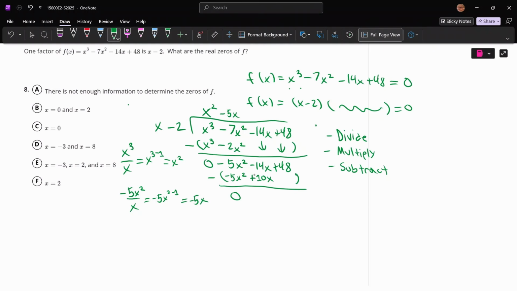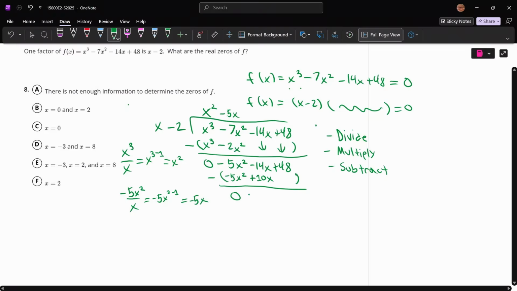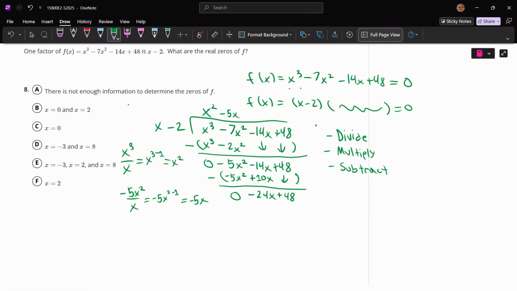And then this is going to turn into a negative. And then the sign will flip. So yeah, 10x, so you end up with negative 24x. Then moving down the 48, you end up with this, so negative 24x plus 48.